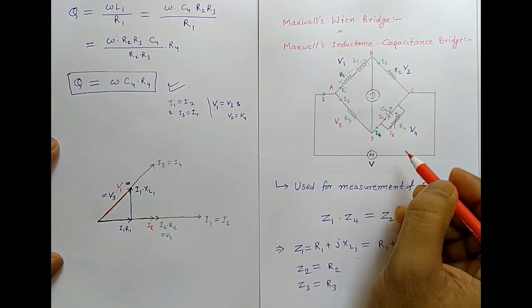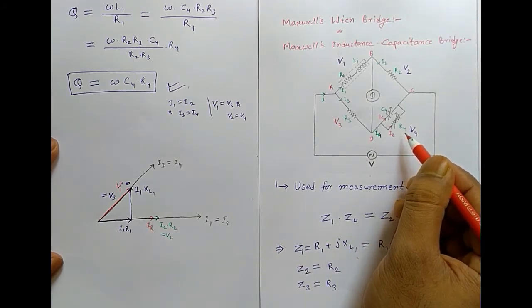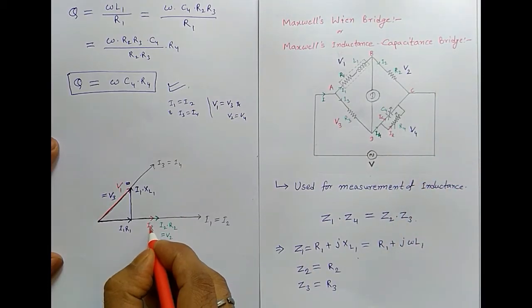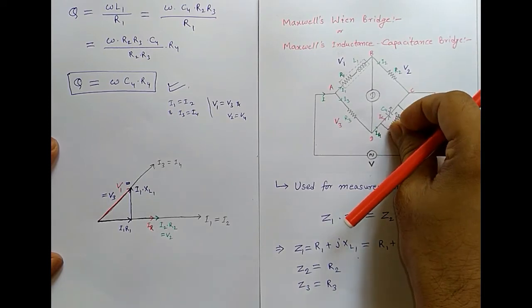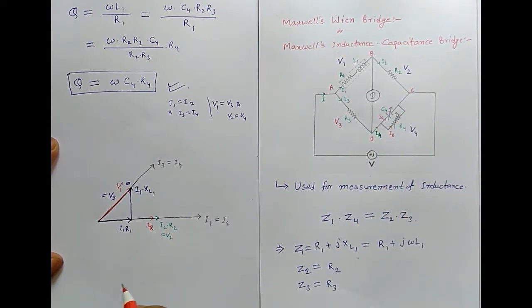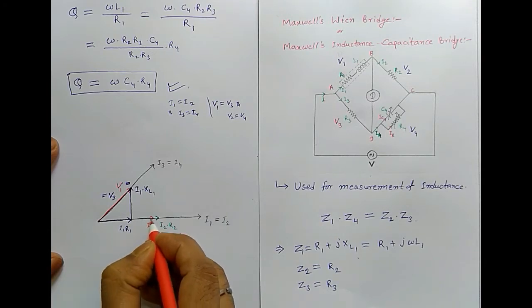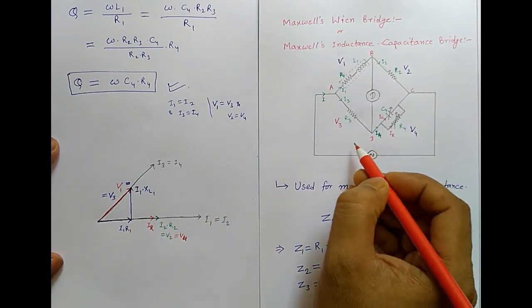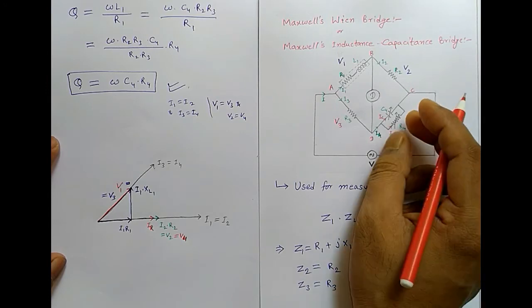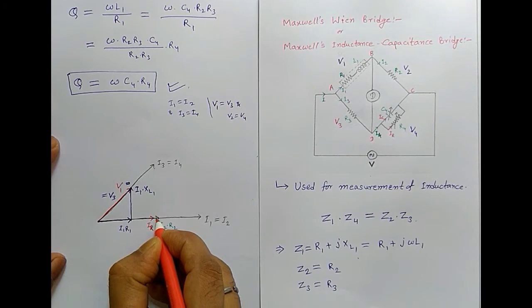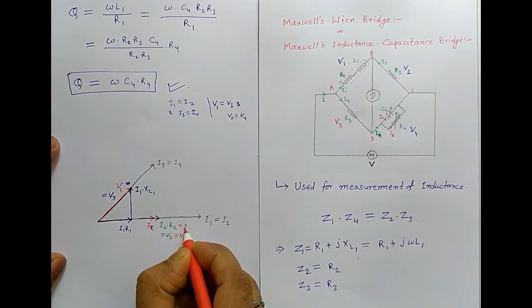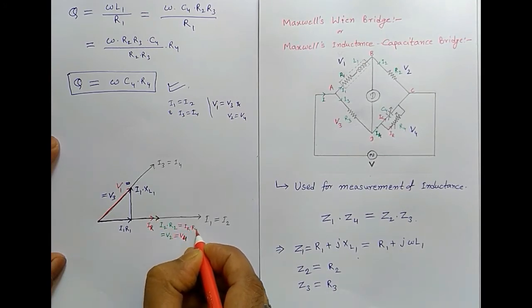So IR into R4 also gives us V4, and since IR into R4 gives us the voltage V4, this point also indicates IR into R4.